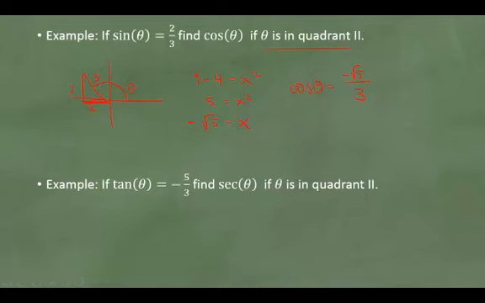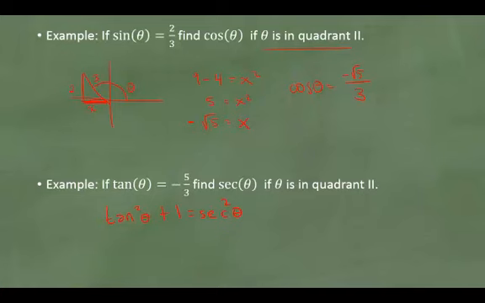If tangent theta is equal to negative 5/3, find secant theta if theta is in quadrant 2. We can do this the same way. We can build the triangle and see what we get. What's another way of doing this? Another way is using those fundamental identities. We're going to use the one for secant theta and tangent theta, the one that said tangent theta squared plus 1 is equal to secant theta squared.